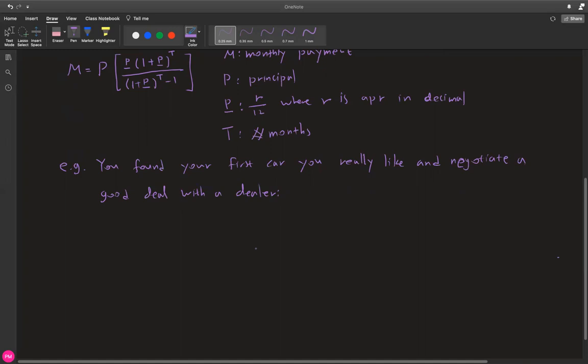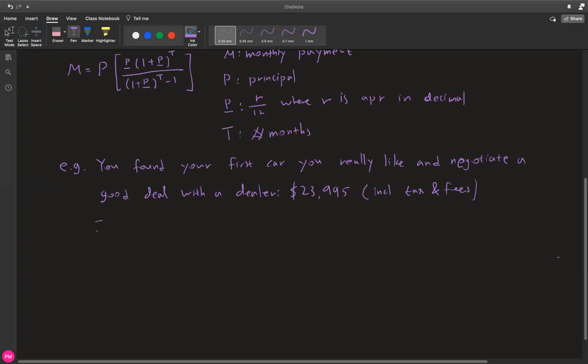This could be any type of car, but for the sake of the problem, I'm going to come up with a random number, 9.5. So let's say that's your negotiated price, and let's say this is including taxes and fees. Just for the sake of the problem, this makes the problem easier.